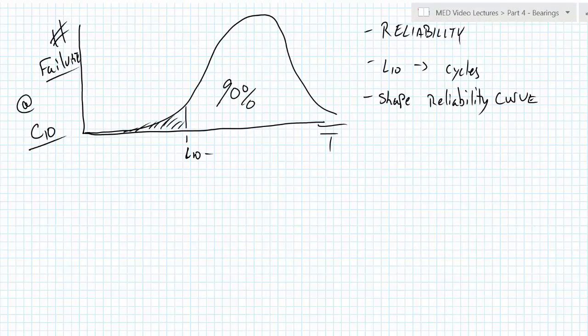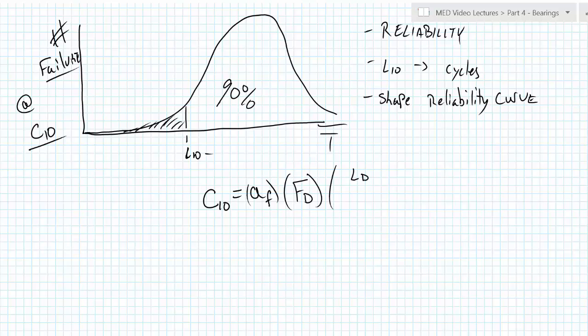All right, and that's fine, and that allows us to pick a bearing based on our approach to finding the catalog rating. So the catalog rating is whatever application factor is appropriate for our particular application, depending on the shock loads and things like that, multiplied times the force, the reaction force that our bearing has to withstand, and then the life that we want to get out of the thing.